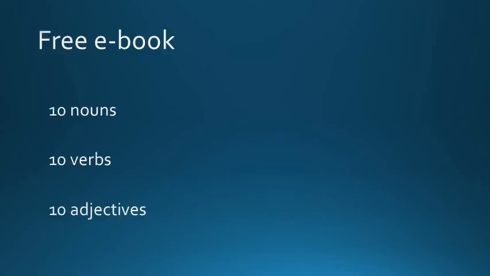So, using this series and other similar materials as a reference, I've created this free ebook that has 30 different tier 2 words. So there's 10 nouns, 10 verbs, and 10 adjectives, all of which are Common Core aligned for students in early elementary school.